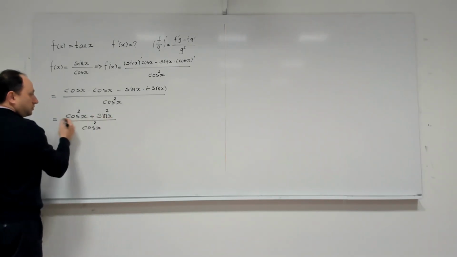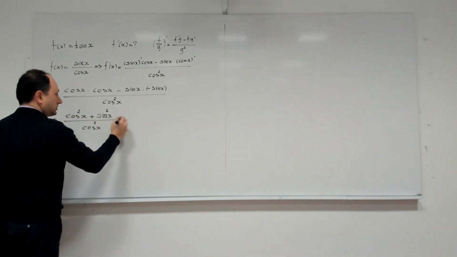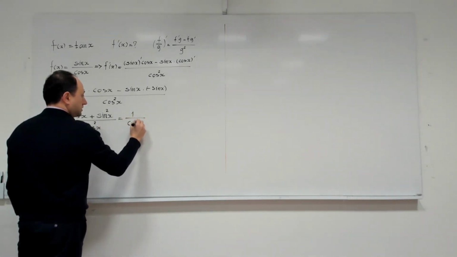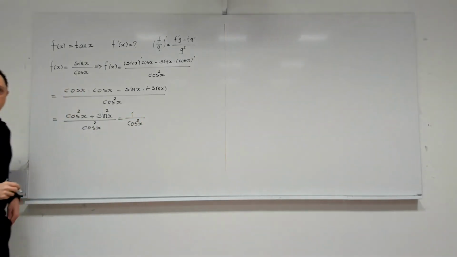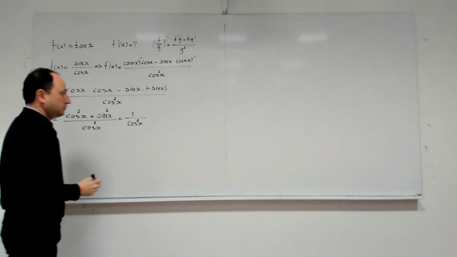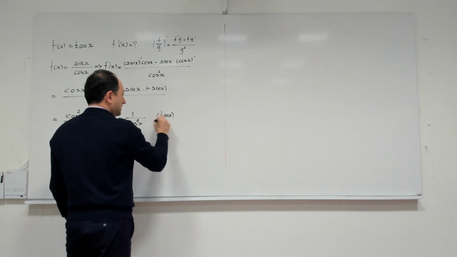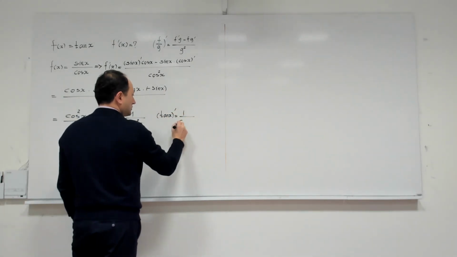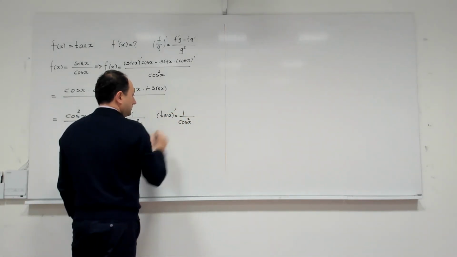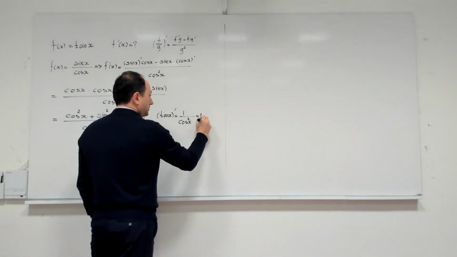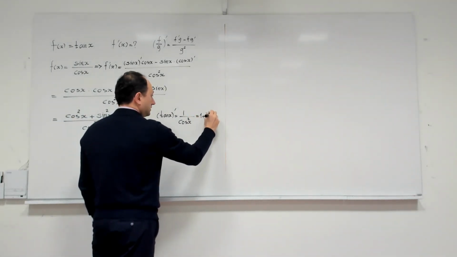But this is a famous identity in trigonometry. It becomes 1. It becomes 1 over cosine squared x. So that is the formula that you can add to that table. The derivative of tangent of x is 1 over cosine squared x, which of course you can write as 1 plus tangent squared x.